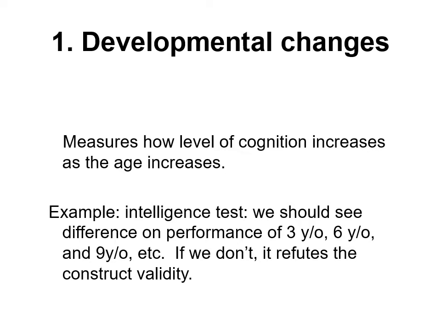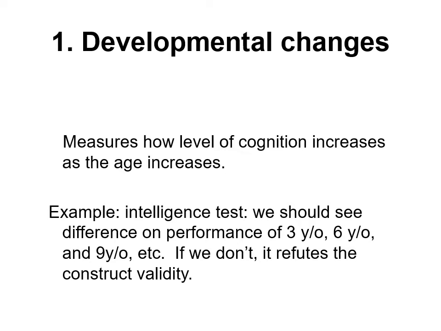So imagine you're developing a test and you say this is an intelligence test. You give it to a 3-year-old, and he scores, let's say, 50 points. Then you wait until he is 6 years old and give it to exactly the same child, and at 9 years old, 6 years later, he gets exactly the same score, 50.